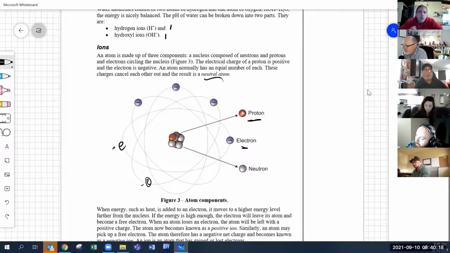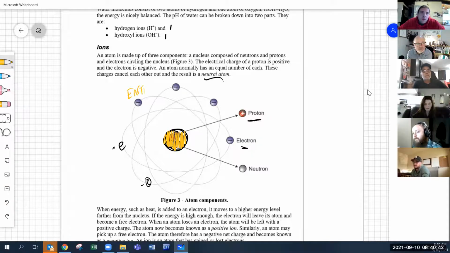Electrons are negative and protons are positive. Quite frankly, if you look at this pretty closely, if you make this middle here the sun, and these are all the planets that are going around the sun.